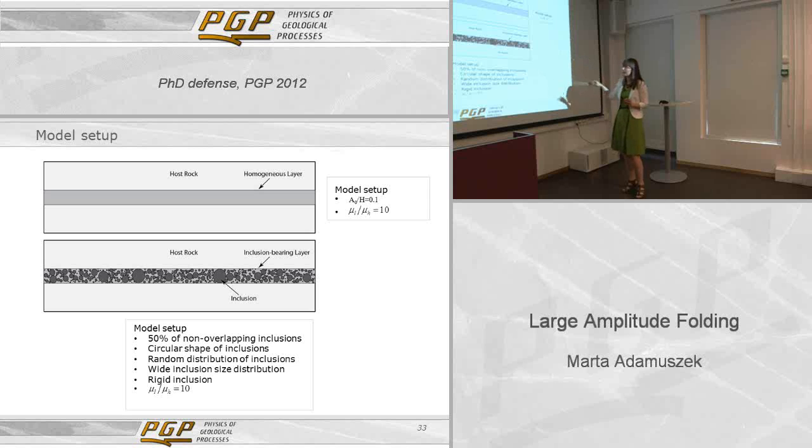In the second case, I use 50% of non-overlapping inclusions. I chose that the inclusions have a circular shape. They are randomly distributed, and they show a wide size distribution. The inclusions are rigid, and the viscosity ratio between layer and host is also 10.